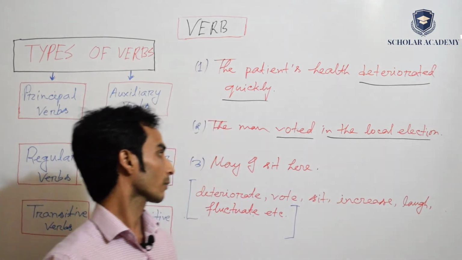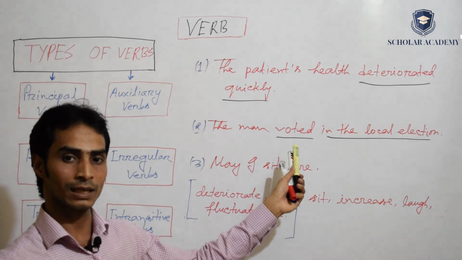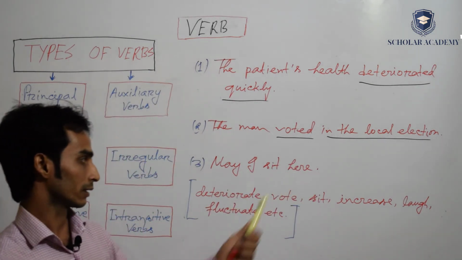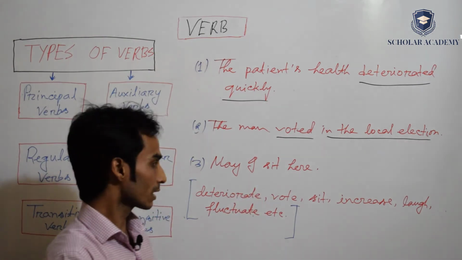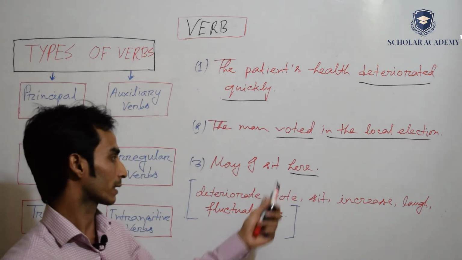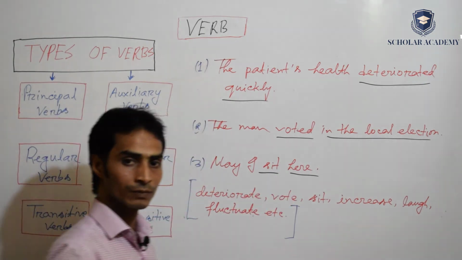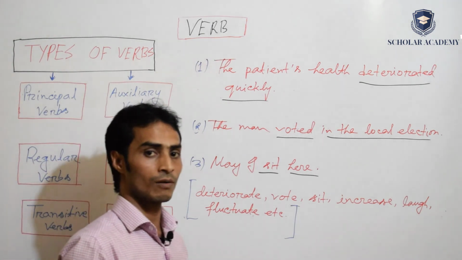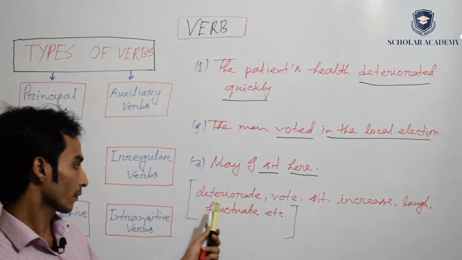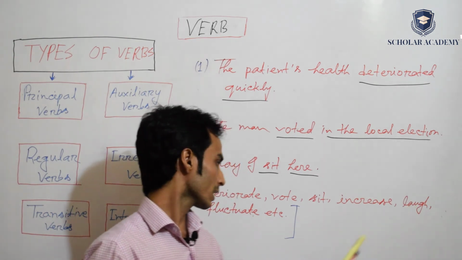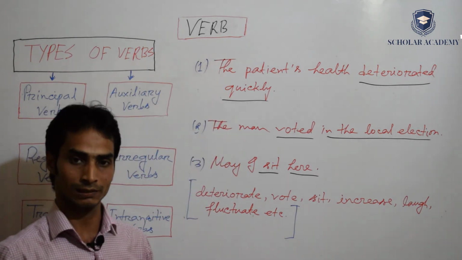So voted is an intransitive verb. May I sit here? Here in this sentence, here is an adverb of the verb sit. The main verb of this sentence is sit. Some other examples of intransitive verbs are deteriorate, vote, sit, increase, laugh, fluctuate, etc.